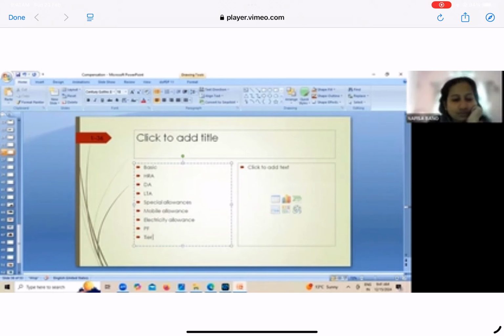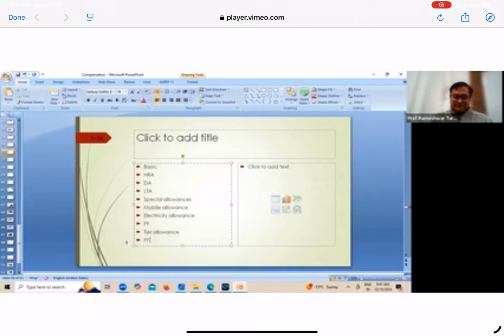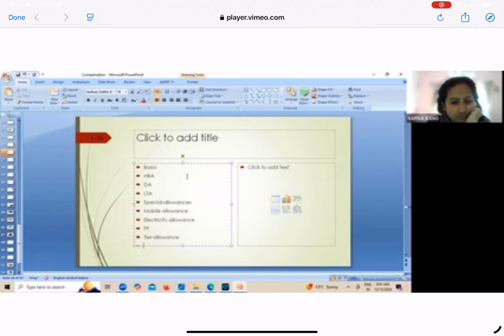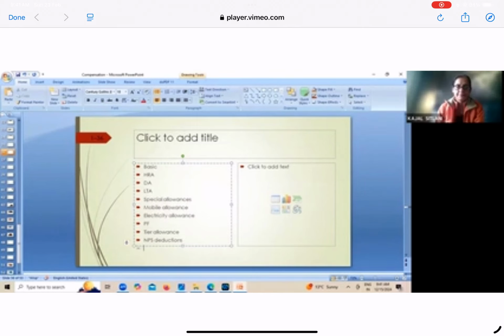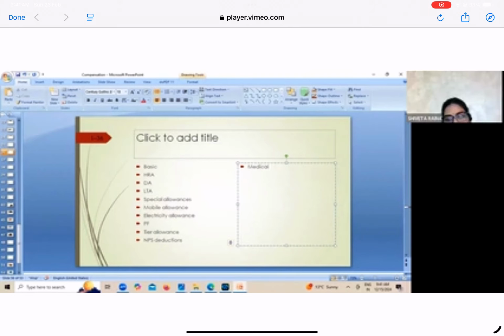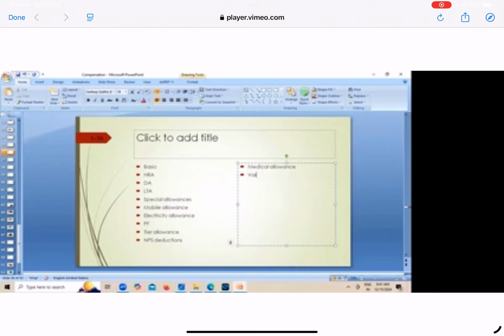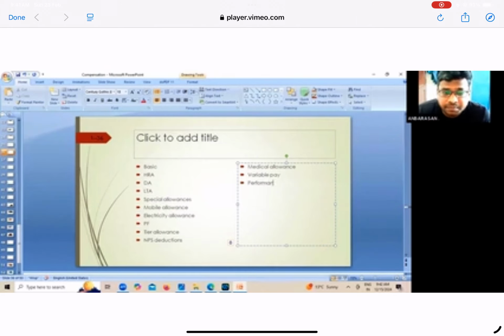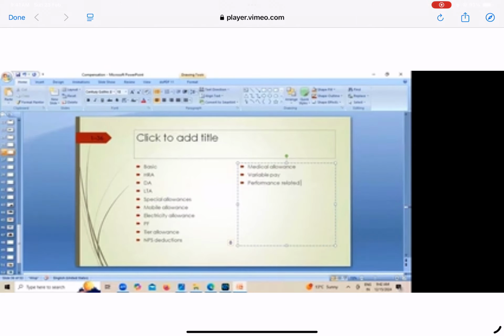NPS deductions. Medical allowance. Variable pay. Performance related pay, PRP. Retention pay. Transport allowance.